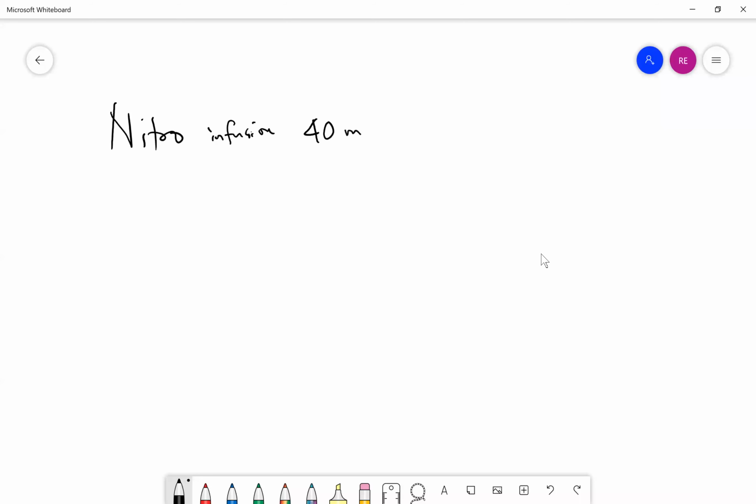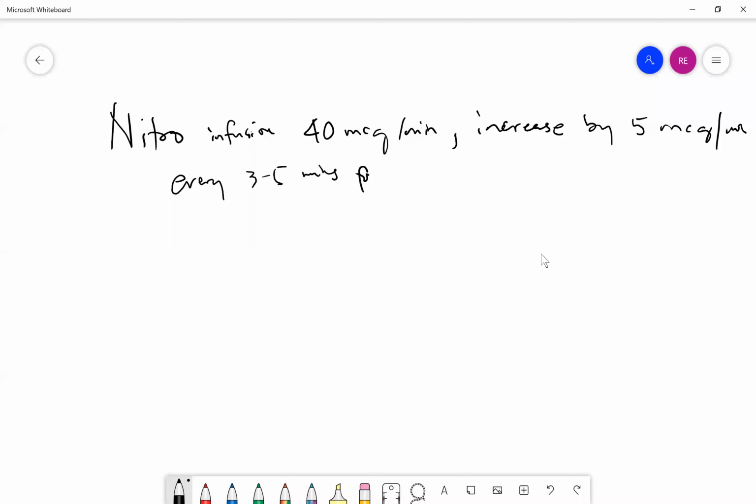Start it at 40 micrograms per minute, and then increase, because this will be titration, increase by 5 micrograms per minute every 3 to 5 minutes for chest pain. Meaning if the patient still has chest pain, you keep increasing it by 5 microgram increments.